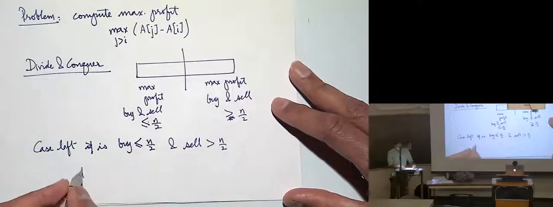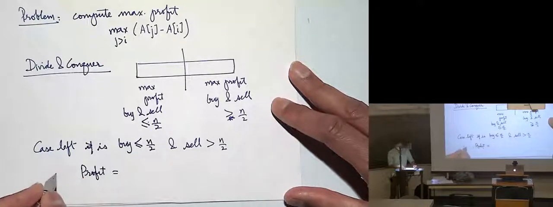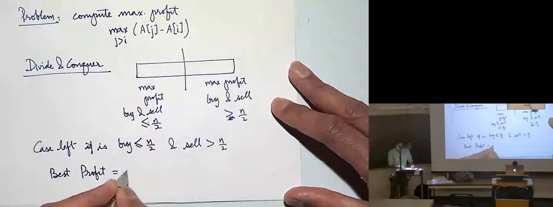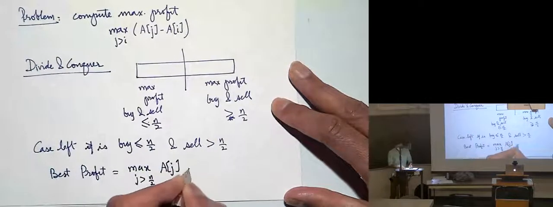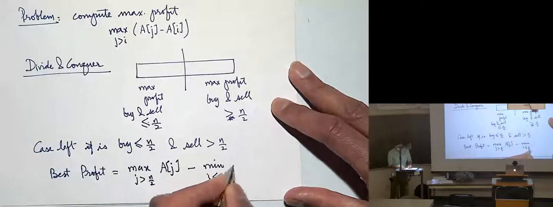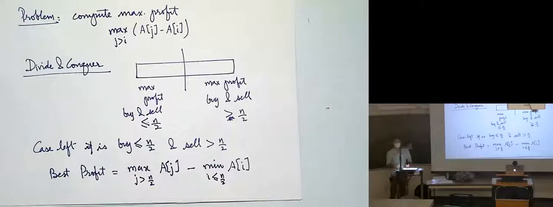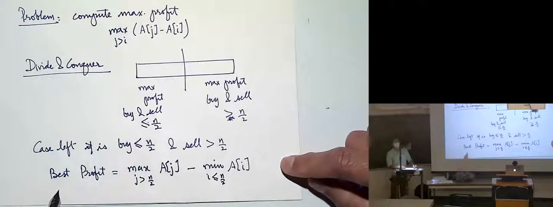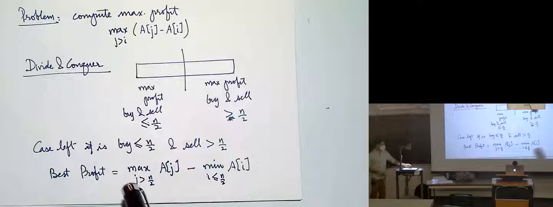So here the best profit is the max over all j greater than n over 2 of aj minus the min over all i less than n over 2 of ai. This is your profit. So this would be the combined case. I'll write out the pseudocode shortly. But clearly you can compute this in linear time.